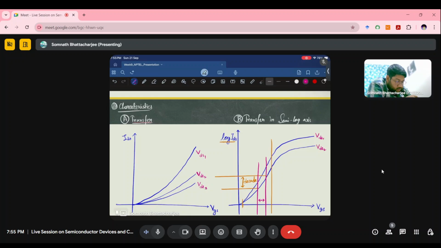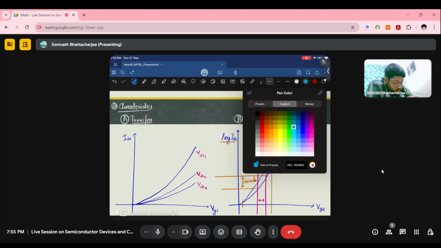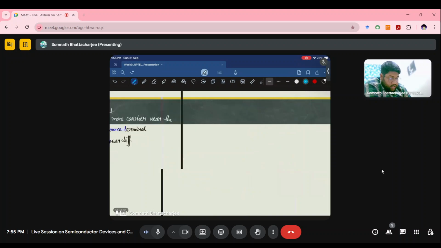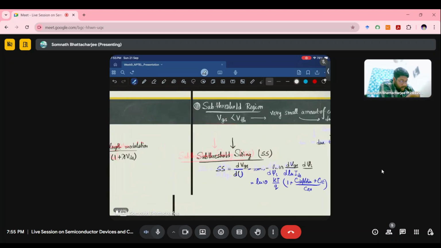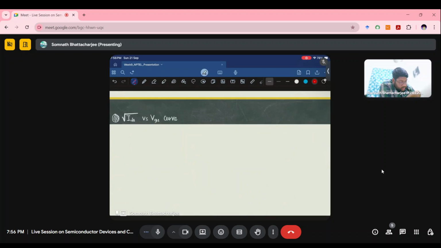Similarly, with respect to this, we can also plot another curve that is noted as the root IDS versus VGS curve. This is nothing but we are just getting the square root of this axis from the transfer curve, and if we are just plotting this, it will look like this.